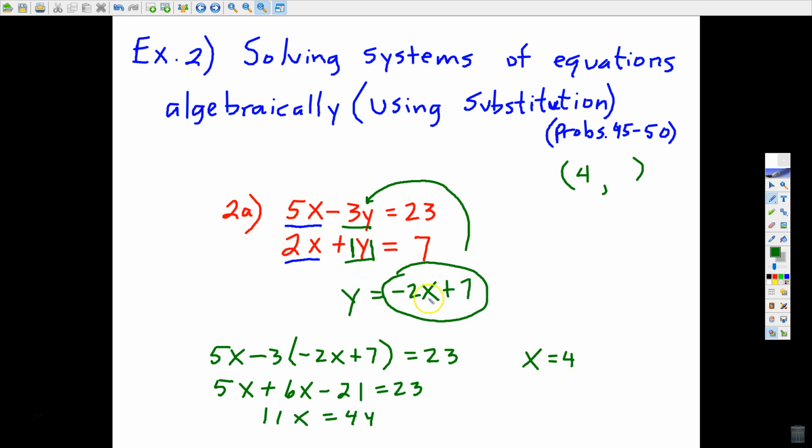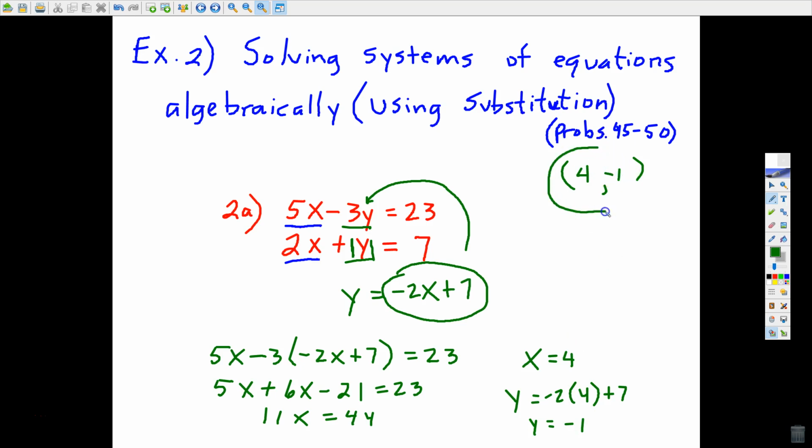If I let x become 4 in this equation, it makes it pretty simple to find out what the missing y coordinate is for this ordered pair answer. So y is going to be negative 2 times 4 plus 7, and of course that's going to be negative 8 plus 7, which is negative 1.